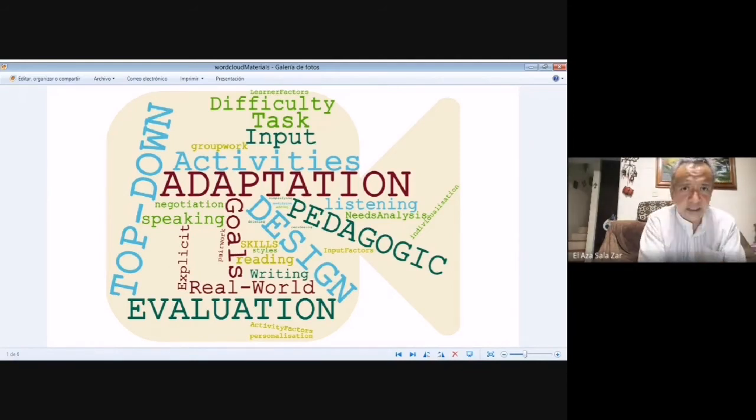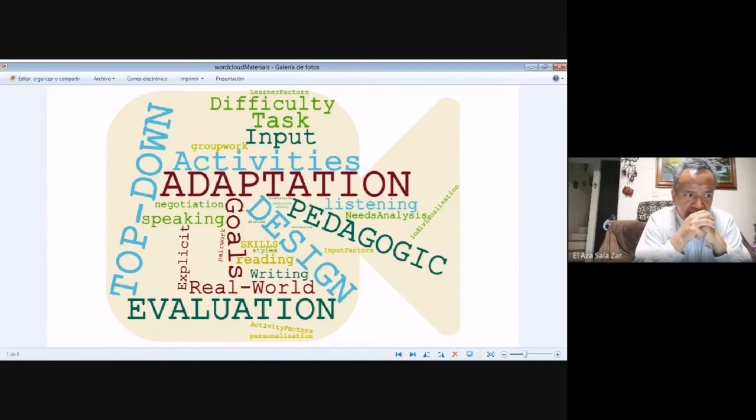Okay, let's continue with the word cloud because time is running. We have the skills, the four skills: speaking, writing, reading, and listening. And the materials have to cope with the nature of these skills. Okay, the specific nature of each skill.